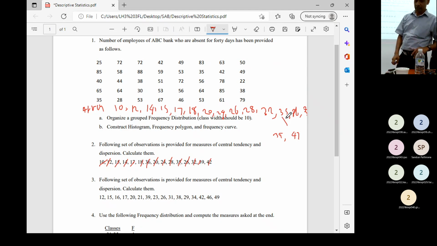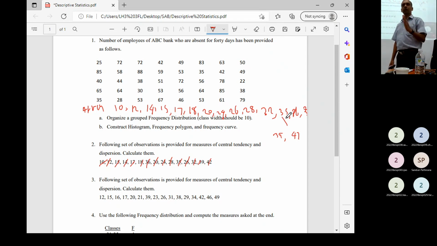I briefly write down like this. There are two parts in the stem and leaf diagram: stem part and leaf part. The last digit we write in the leaf part.